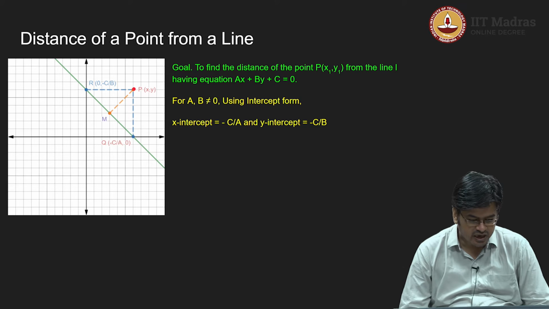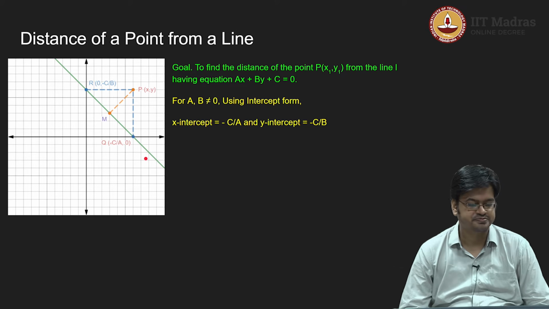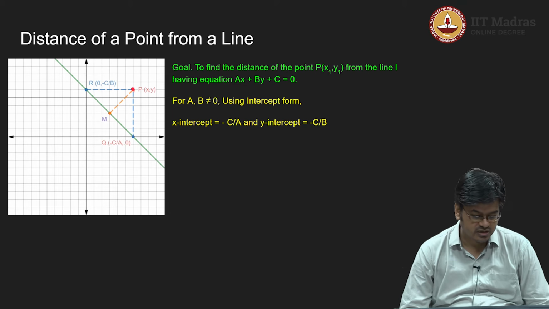Now, I want to identify the distance of this point from the line joining the points Q and R. What is the distance? It should be the shortest distance from the line.